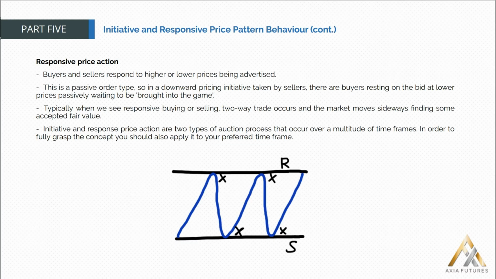You can utilize the concept of initiative versus responsive on any given time frame. The important thing to do is start taking this very important principle and start applying it to some of your thinking when you are looking at the markets. You do that, and suddenly you're going to start looking at the markets very differently.